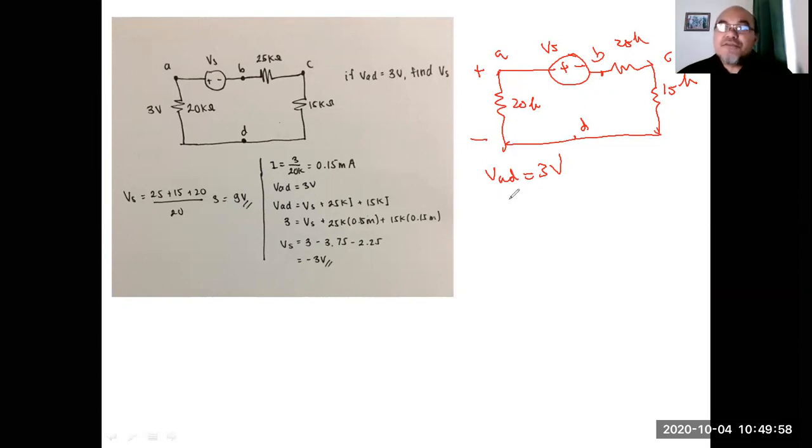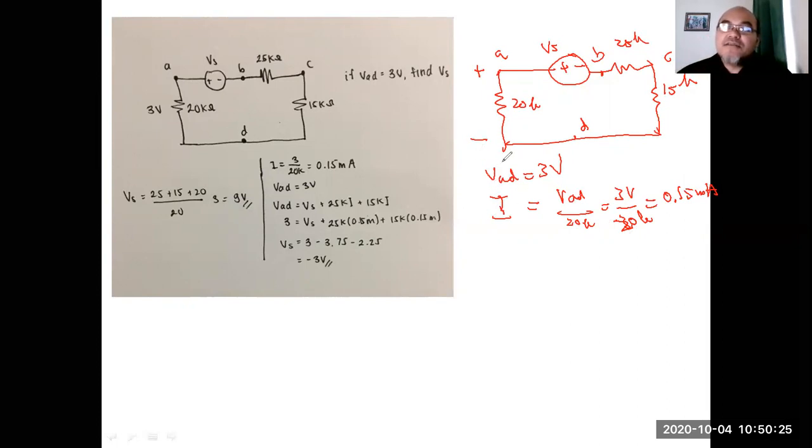So if we use Ohm's law, the current equals VAD divided by 20 kilo ohm, which is 3 volt divided by 20 kilo ohm. So this will be equal to 0.15 milliampere. However, remember that Ohm's law here abides by the passive sign convention.